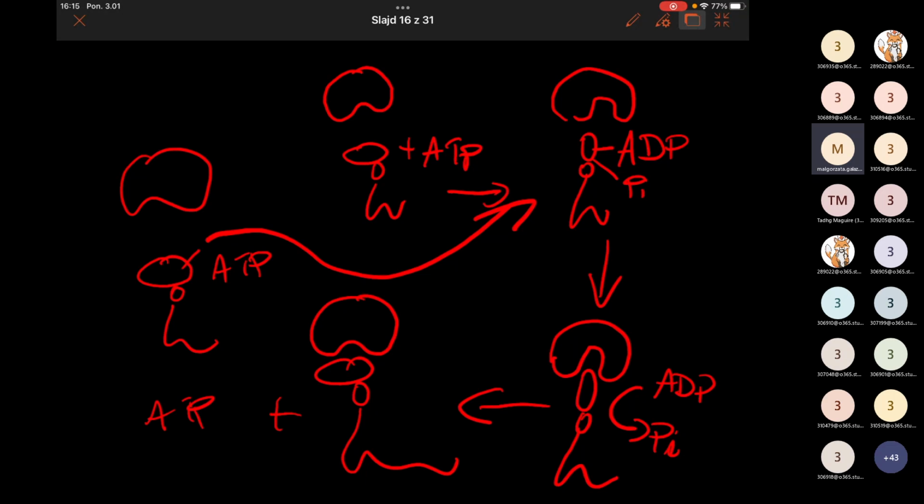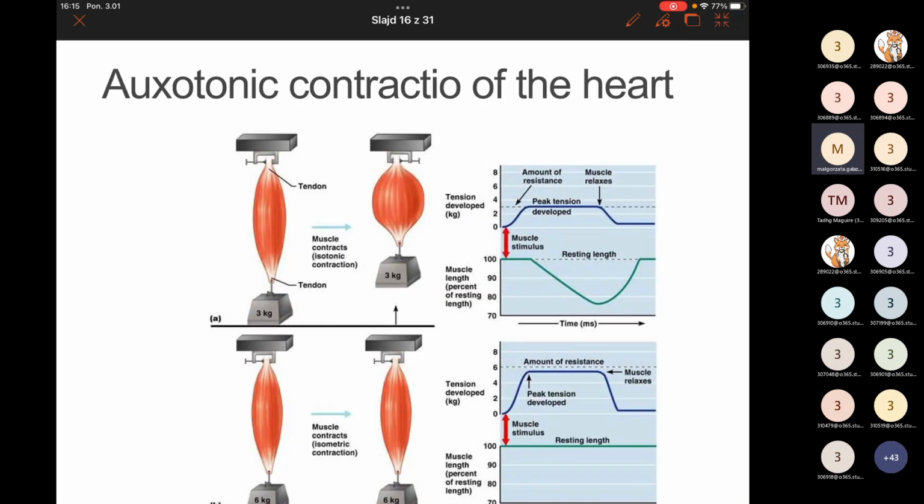The activity of the cardiomyocytes allows the heart to contract. The contraction of the heart is an auxotonic contraction. Auxotonic contraction is a contraction which consists of two phases: isometric contraction and isotonic contraction. During isometric contraction, the muscle length stays the same.